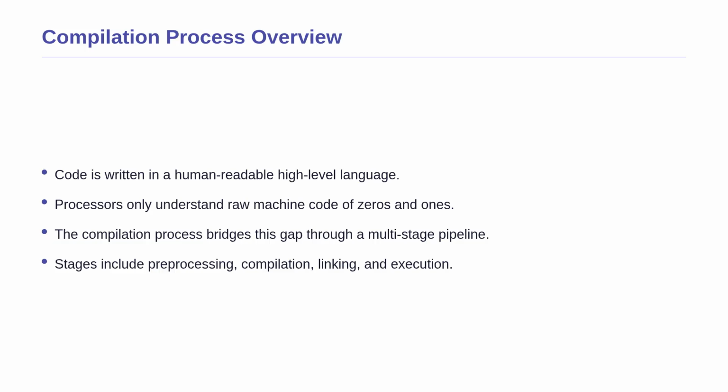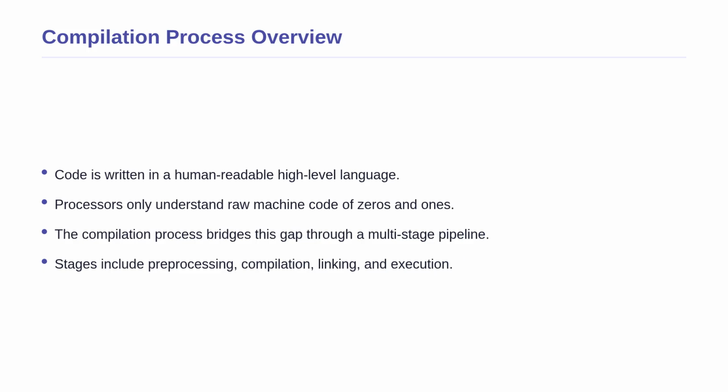Before we look at the code itself, we must understand how your text becomes a running program. When you type code, you write in a high-level language, which is easy for humans, but impossible for a processor to read directly. To bridge this gap, your code goes through a multi-stage pipeline known as the compilation process.